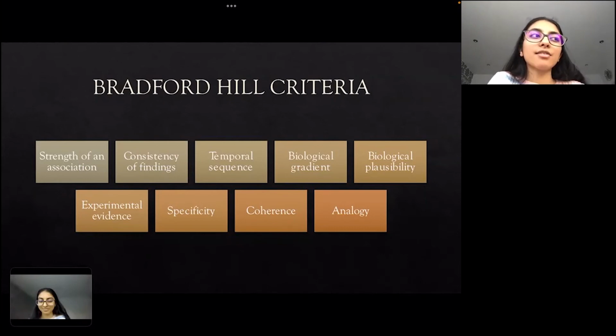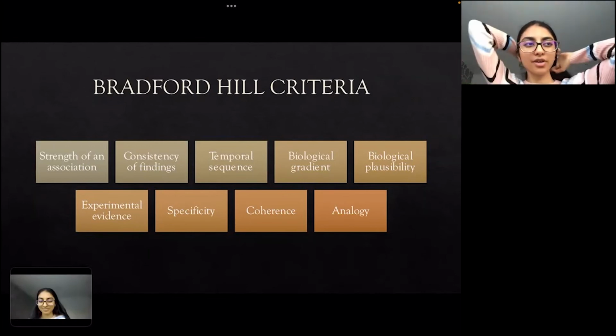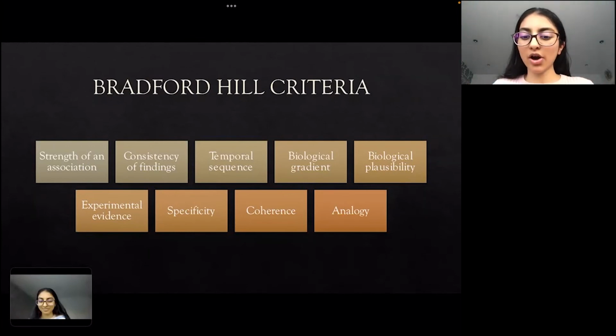And the thing with causality is that this criteria is here for guidance, but ultimately it's down to the individual to try and determine whether or not the relationship is causal or not. So it kind of falls in your hands when you're examining the literature, which is why this could definitely help. So first, work through the stats, look at the confidence interval, look at the p-value, see if there's a statistically significant relationship there.